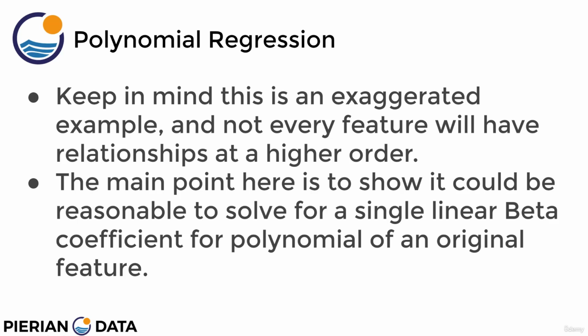Not every feature is going to have relationships at a higher order, and often taking a polynomial to a very high order is going to lead to its own issues, and you may not even get useful information from the square of a feature or the cube of a feature. The main point here is to show that in certain situations, it could be reasonable to solve for a single linear beta coefficient for the polynomial or higher order of an original feature. There could be some information or signal there that you can actually grab.